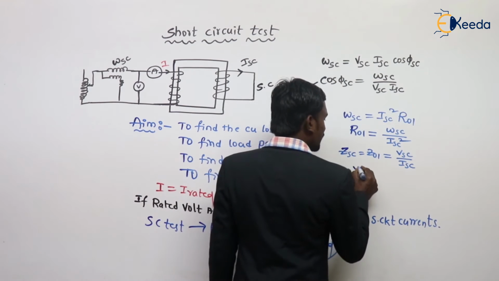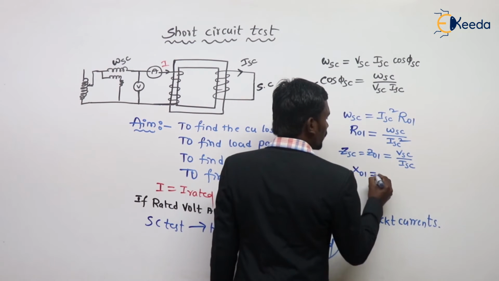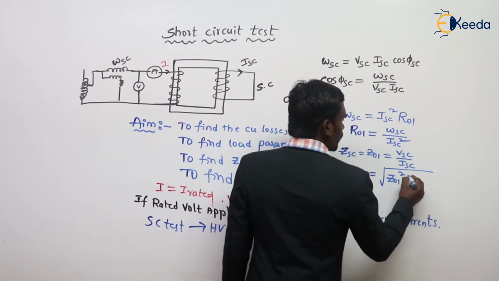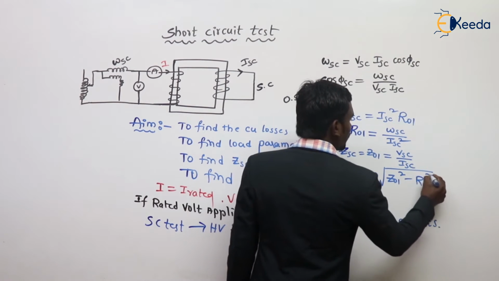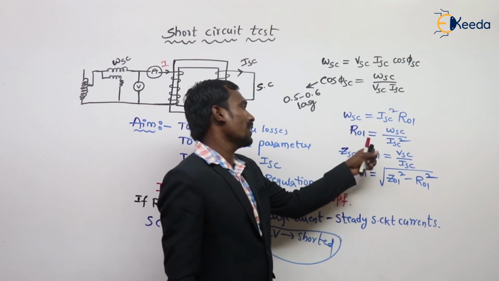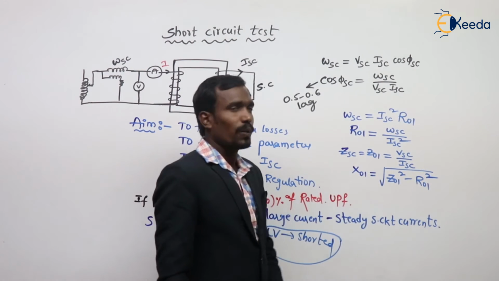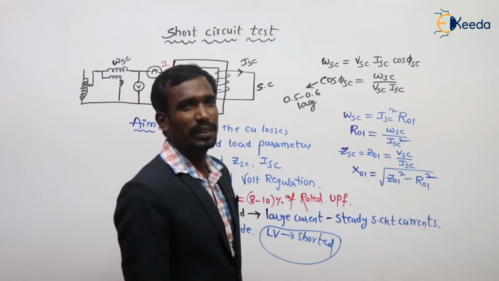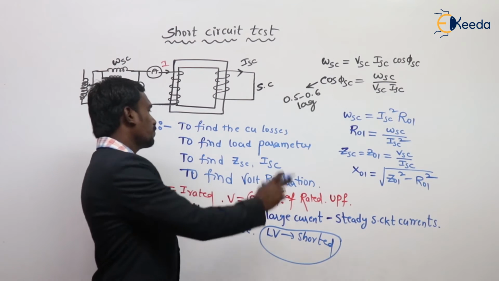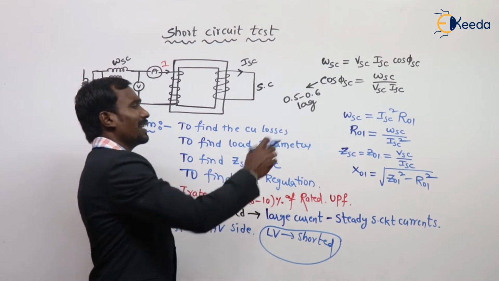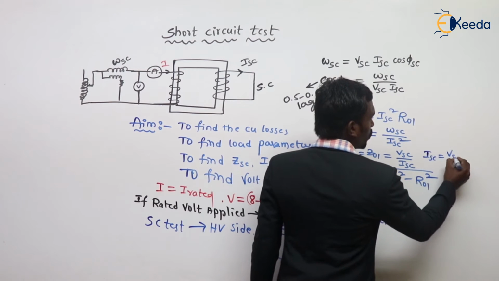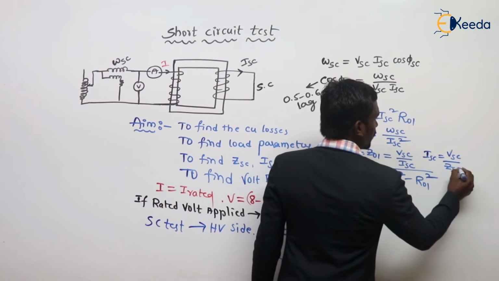Then calculate X01. X01 is equal to the square root of Z01 square minus R01 square. I have R01, Z01, X01, all the load parameters and losses. This is simply to find ZSC and ISC: ISC is equal to VSC by ZSC.